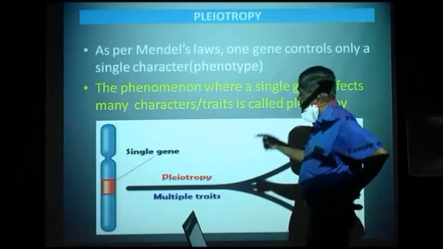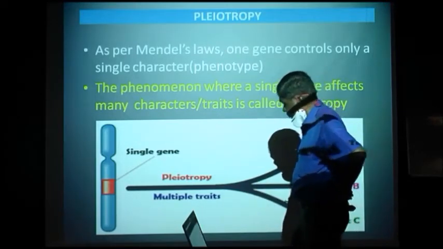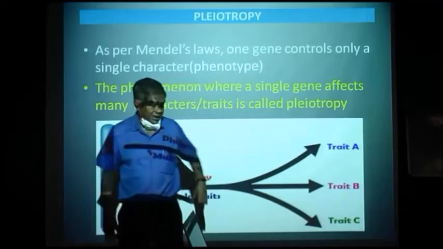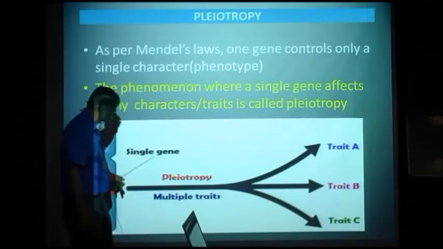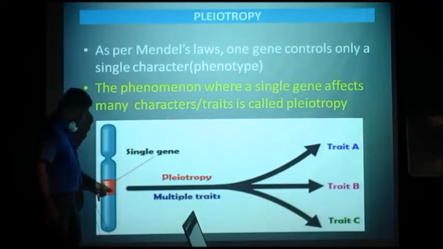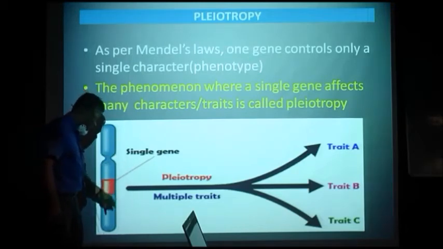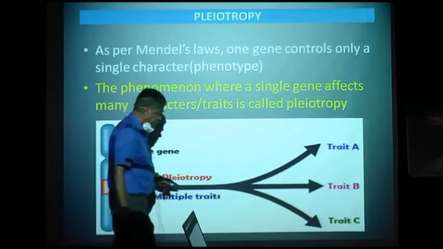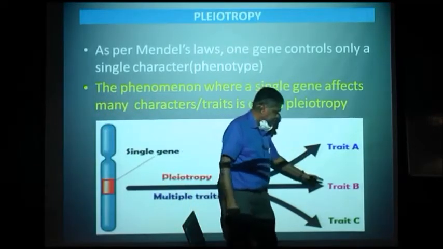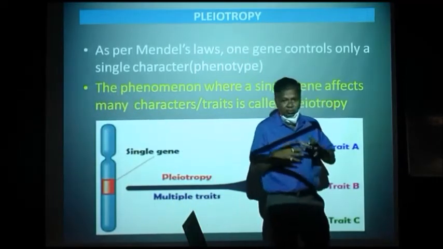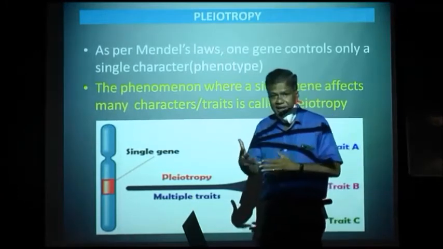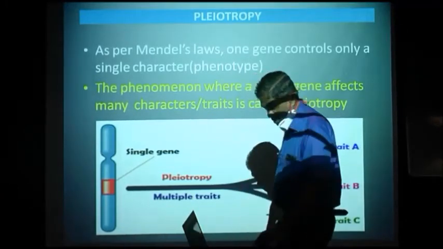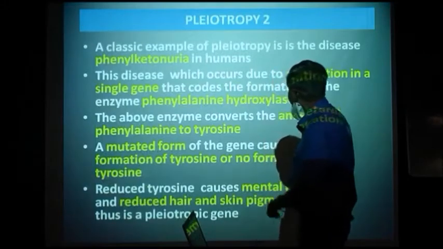Here we get one gene which is responsible for many characters. Now here one of the chromosome is seen. This is a single gene. In the homologous chromosome, another gene will be there, but the same gene determines 3 characters. When one gene determines many characters, the condition is called pleiotropy.